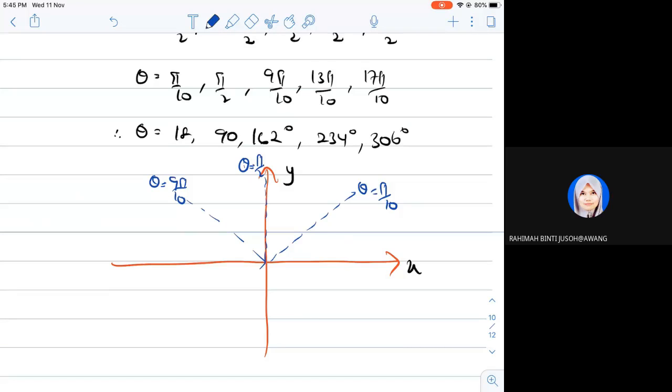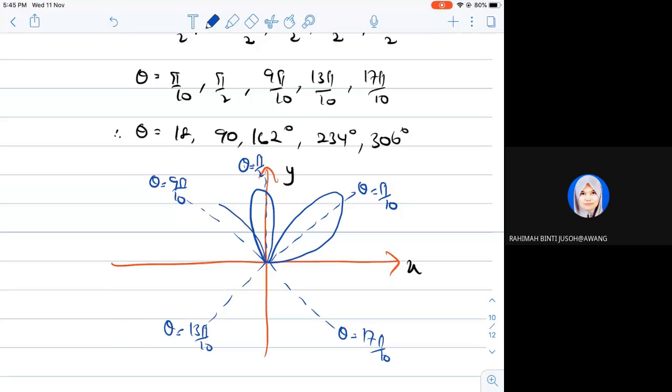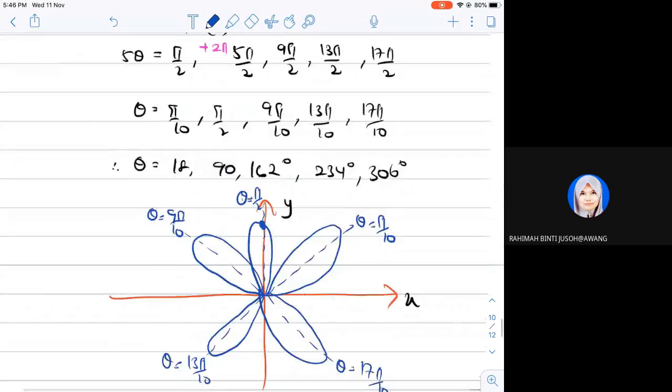And then we have 234, so theta equals 13 pi over 10. And here theta equals 17 pi over 10. So draw the rose happily. Okay, like this, it is done. What is the radius? The radius, the length of the petal, is 2. So put 2 up here, like that.